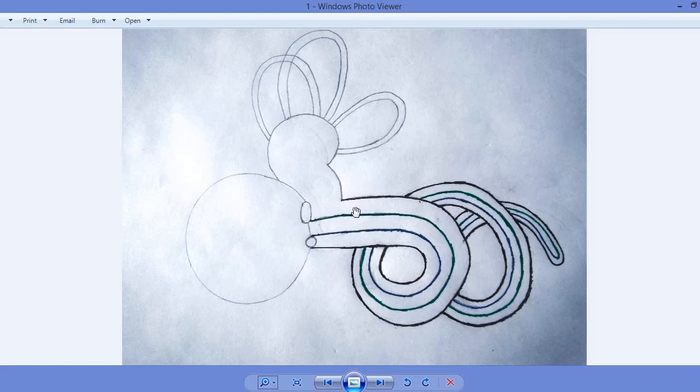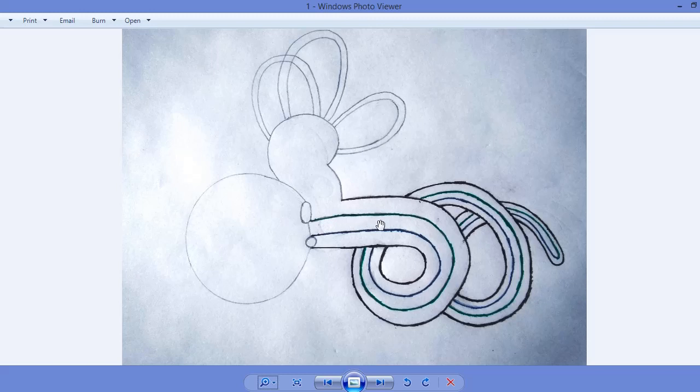The fluid which is present in the scala vestibuli is called perilymph. As this duct is connected with the lower duct, the scala tympani, both of these contain perilymph.